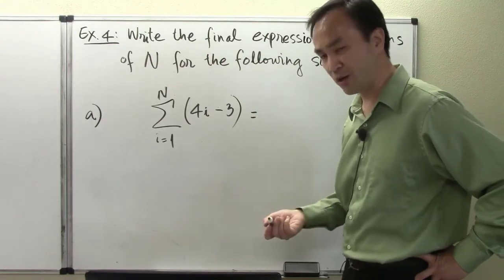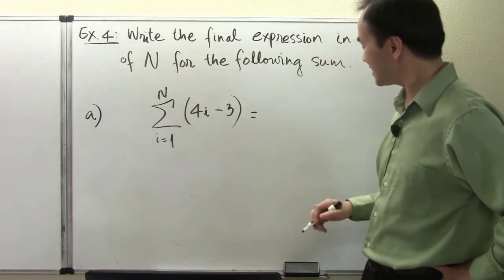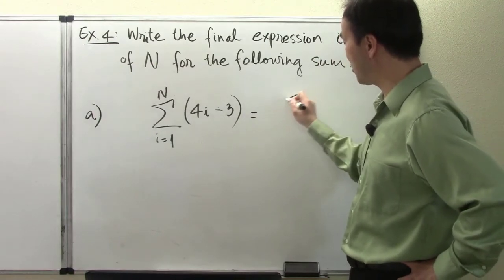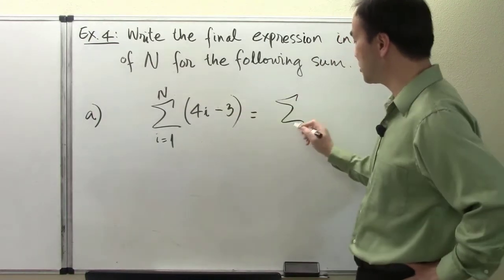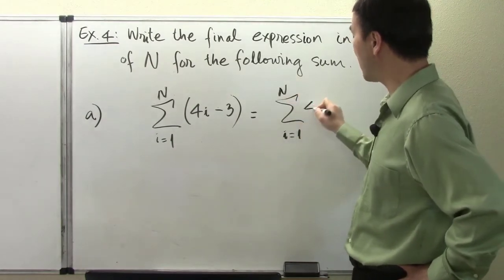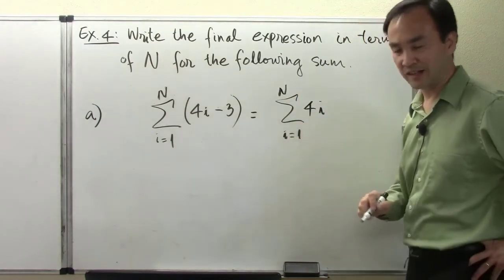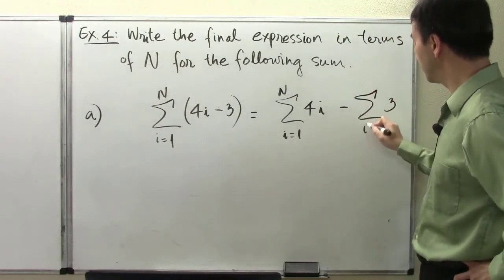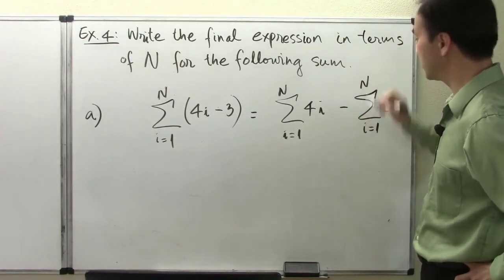That's why the problem can only leave us a final expression instead of an actual final calculation. The first thing I can do is break this summation into two separate ones: one is the summation of 4i, and the other is the summation of the constant 3, where i is running from 1 to n.